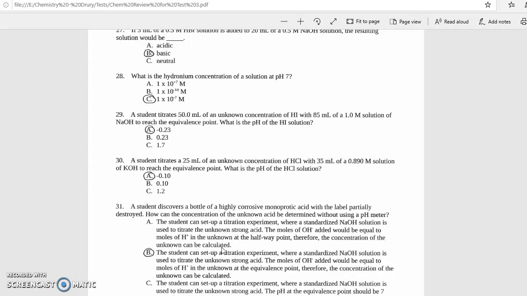30 is A. Yes. The pH of the solution is, that actually should be 0.1. Let me see, where is it? What is the pH of the HI? Oh, yes. Okay. Negative 0.23 and negative 0.10.